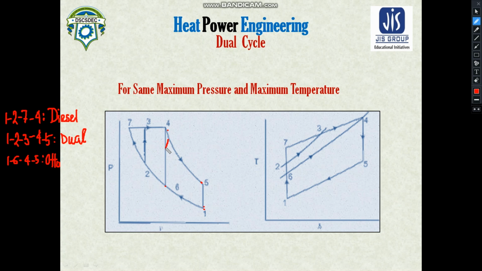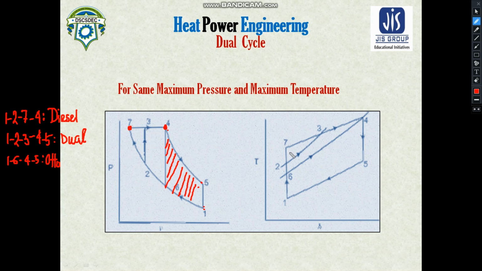You can see that this auto cycle has the minimum area here. When we are comparing these three cycles, this is the maximum pressure. This auto cycle has the maximum pressure over here. For auto cycle it would be P4, for diesel cycle it would be P7. Both of them have the maximum pressure, and it is exactly equal.